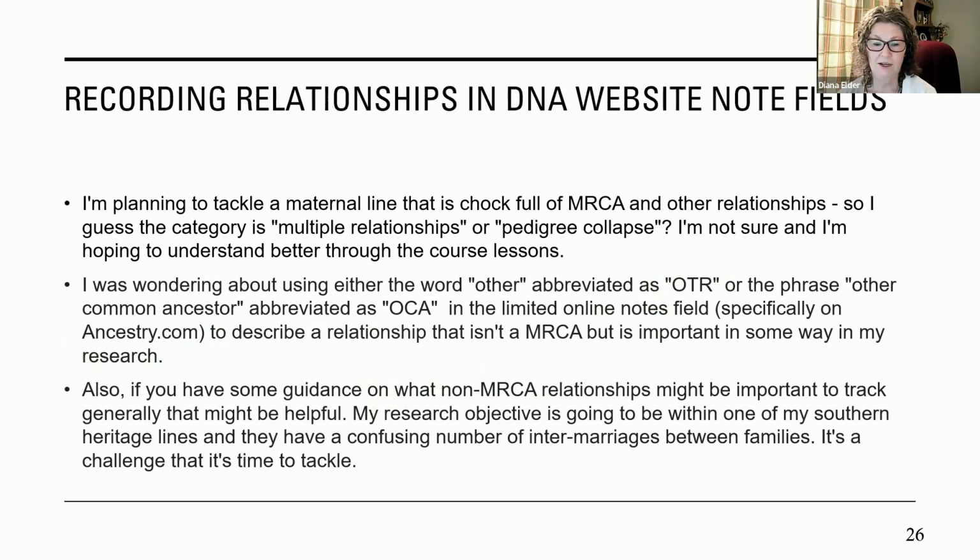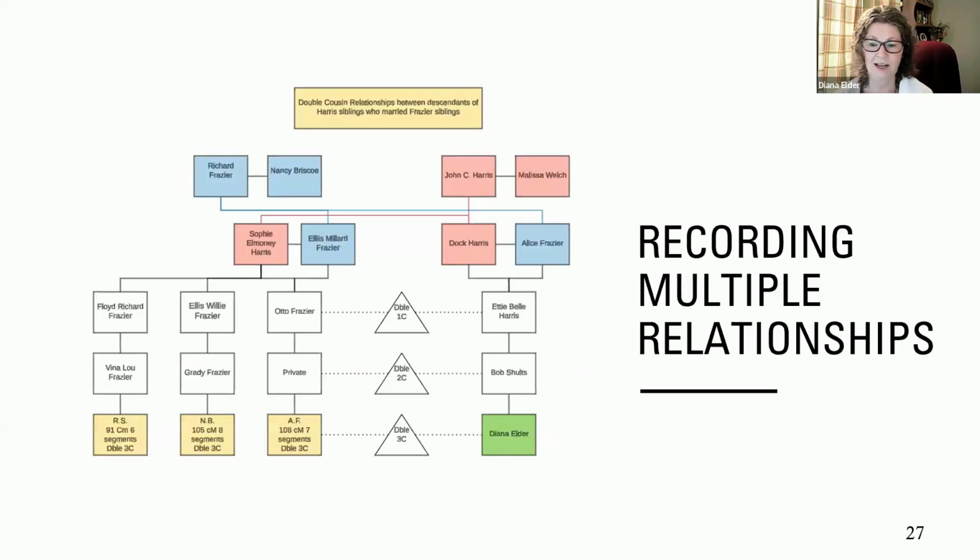Okay, so let's look at a couple things here in answer to this. This is an example from our family about multiple relationships. These are actually double cousins, where a brother and sister married a sister and brother. Here's my line. I have the Harris grandparents and I have the Frazier grandparents.